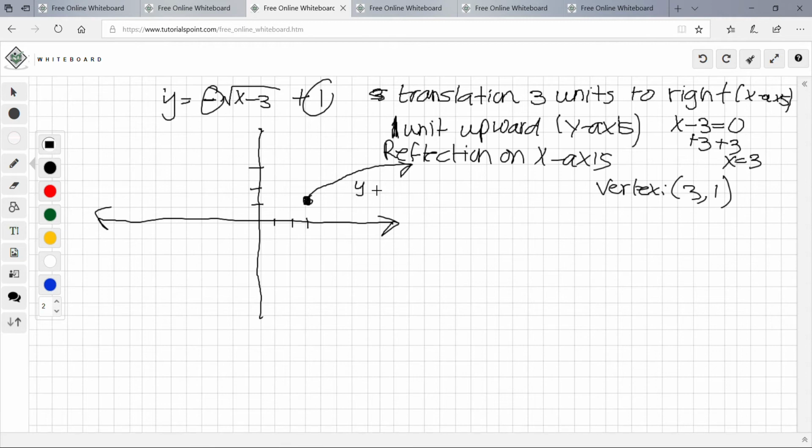So this is basically y equals square root of x minus 3 plus 1. But since there's a negative, we're going to have to do some reflection on the x-axis, so it's going to look something like this. Yes, this is your final product. This is y equals negative square root of x minus 3 plus 1.